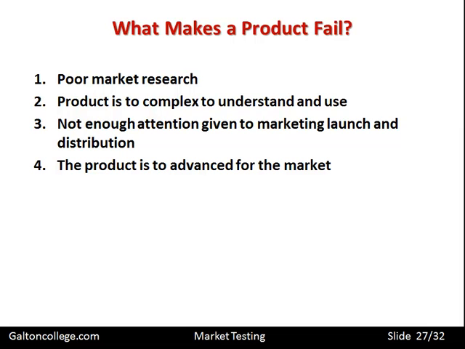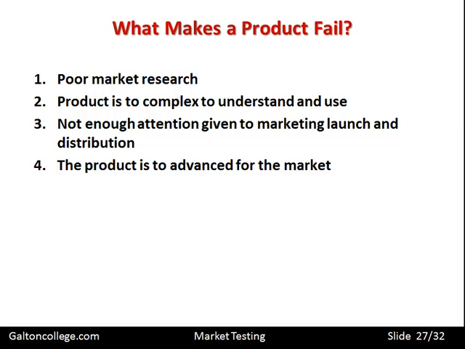Sometimes products can be too advanced for the market. The market may be just looking for a floor cleaner. Well, making a product that has the internet built in and cleans the floor and also has a radio and a conferencing camera, those things are unnecessary.